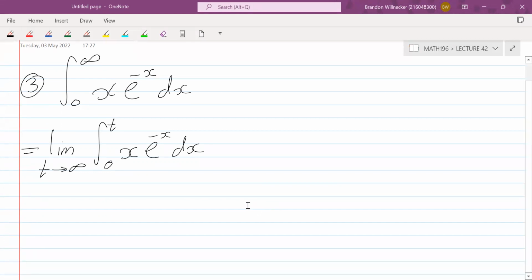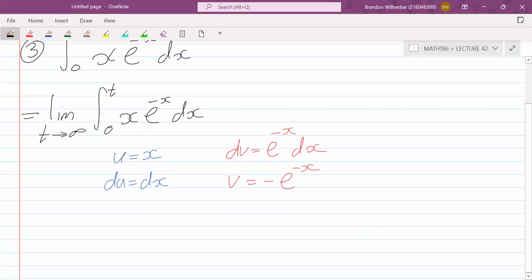So let's do that. We let u be x because that's easy to differentiate. We let dv be e to the minus x dx because that's easy enough to integrate. So du is going to be dx and v is going to be minus e to the minus x. Okay, so what do we get here?